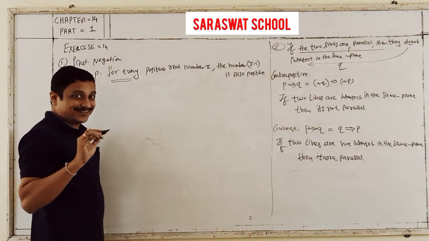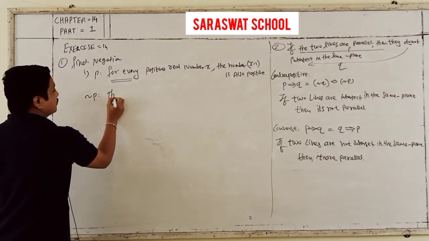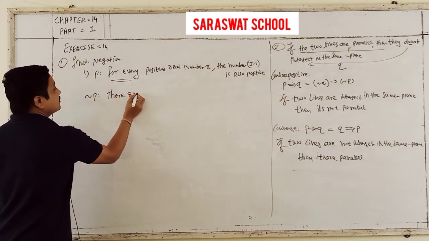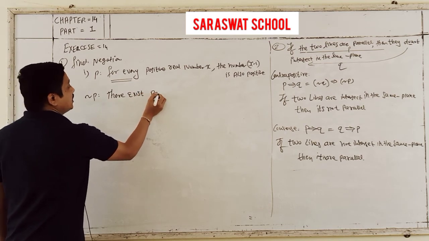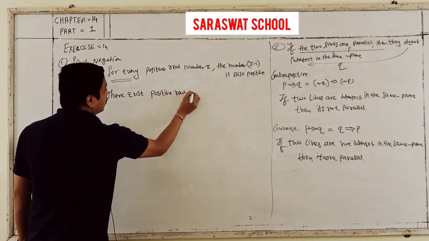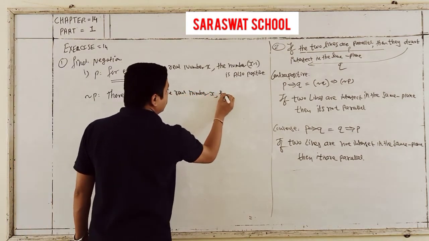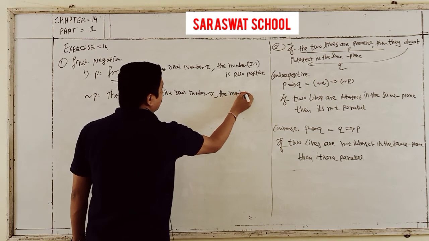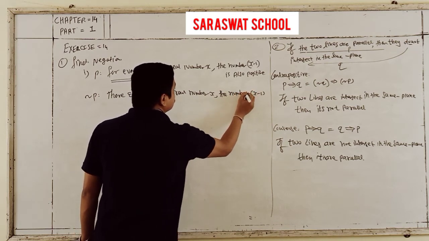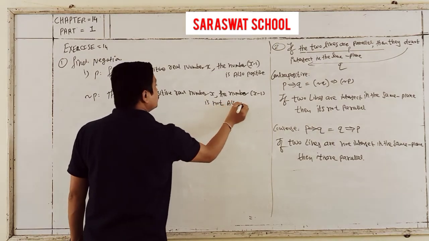It is converting universal to existential. So my negation P is: there exists a positive real number x such that the number x minus 1 is not also positive.